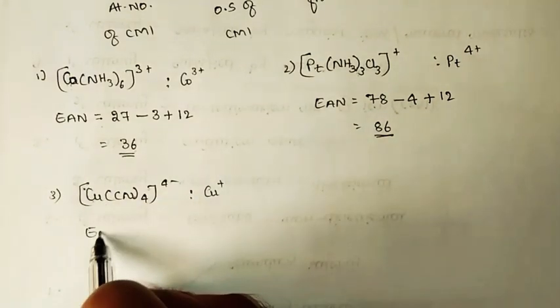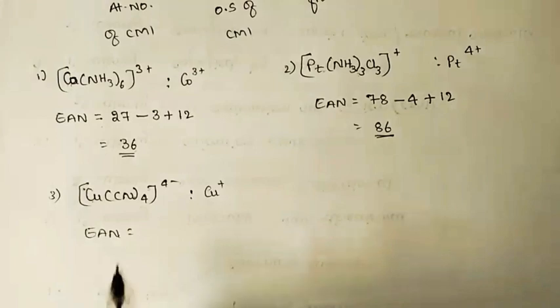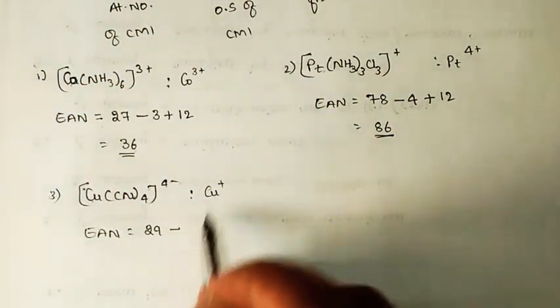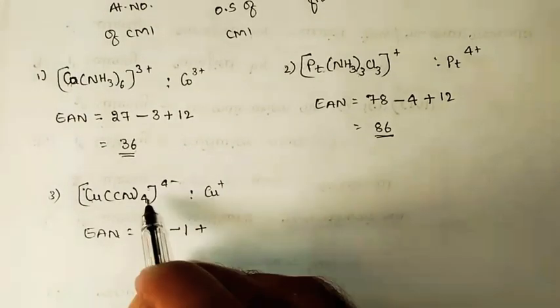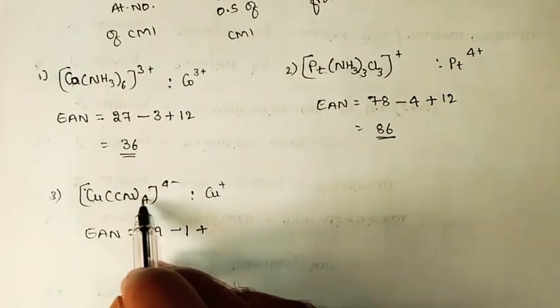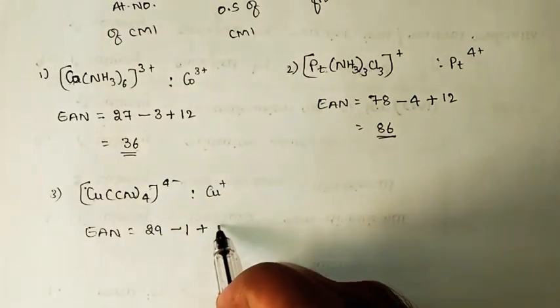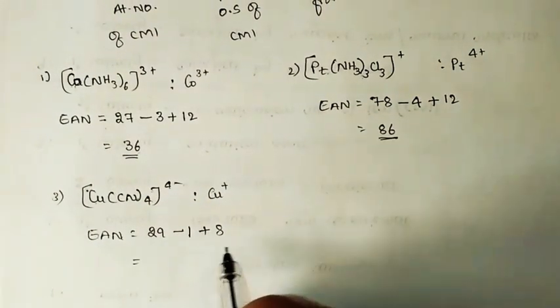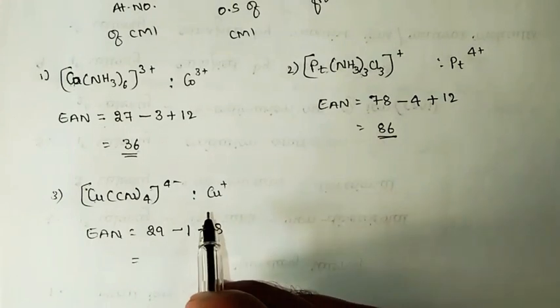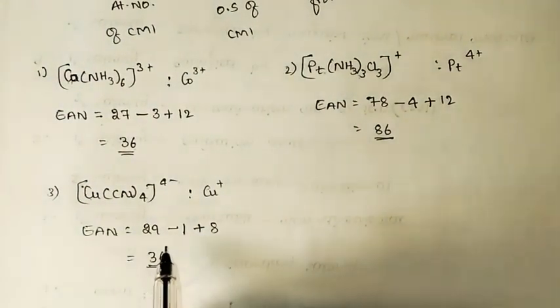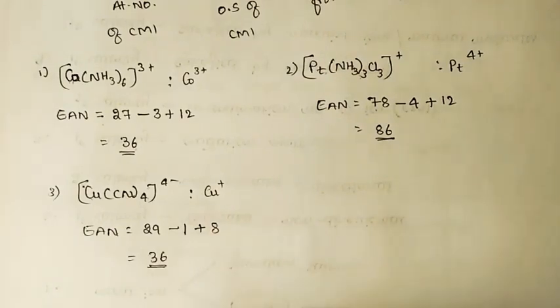So the value of Z will be 29, minus oxidation state 1, plus 4 cyanide ligands are there. Cyanide is a monodentate ligand. So 4 numbers are there, so 4 2s are 8. So 29 plus 8 minus 1. So once again, I am getting 36, which is the atomic number of krypton.